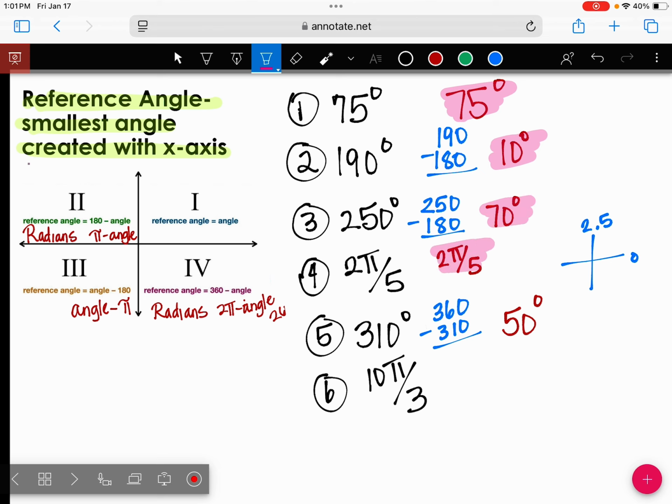All right, back to radians. These are the ones that make me a little nervous here. What quadrant are we in? Wait, I gotta figure out myself. Okay, I got it.